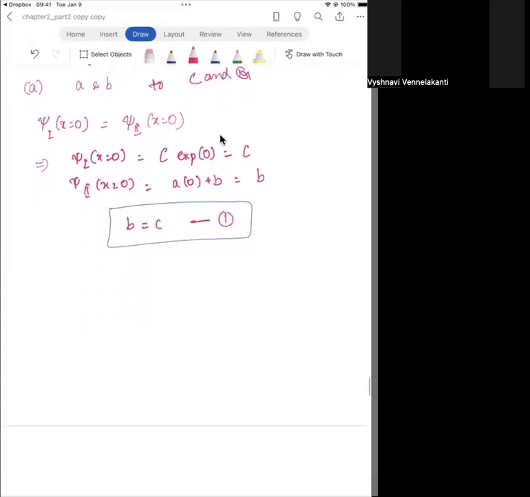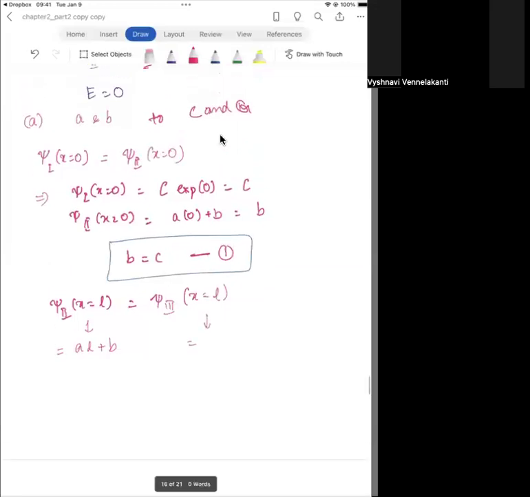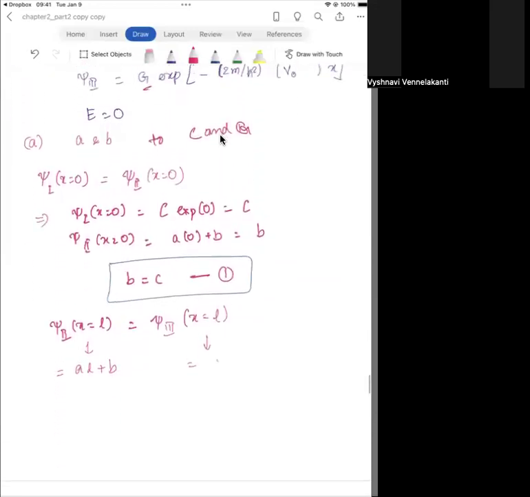So the second equation we're going to get is this. Now, this is equal to AL plus B. And psi 3 is equal to G times exponential of this.